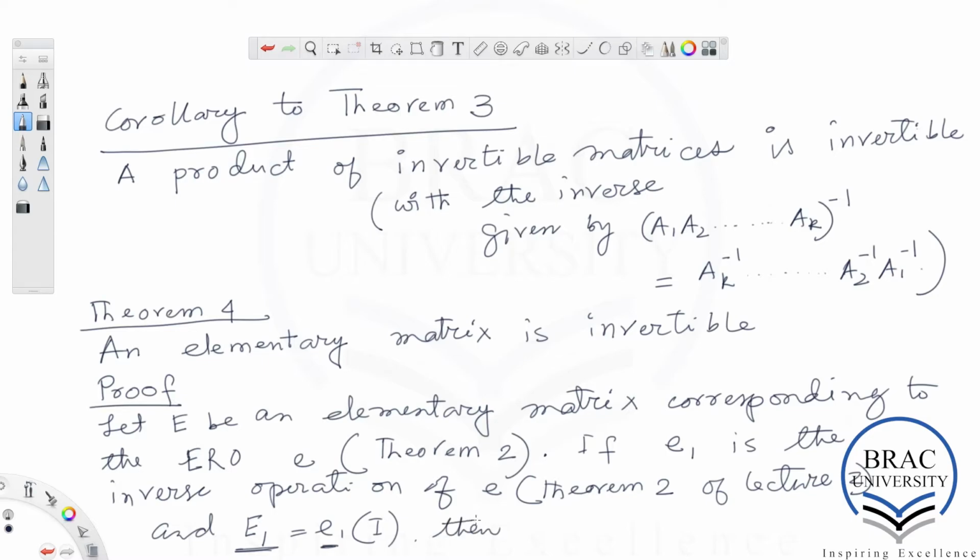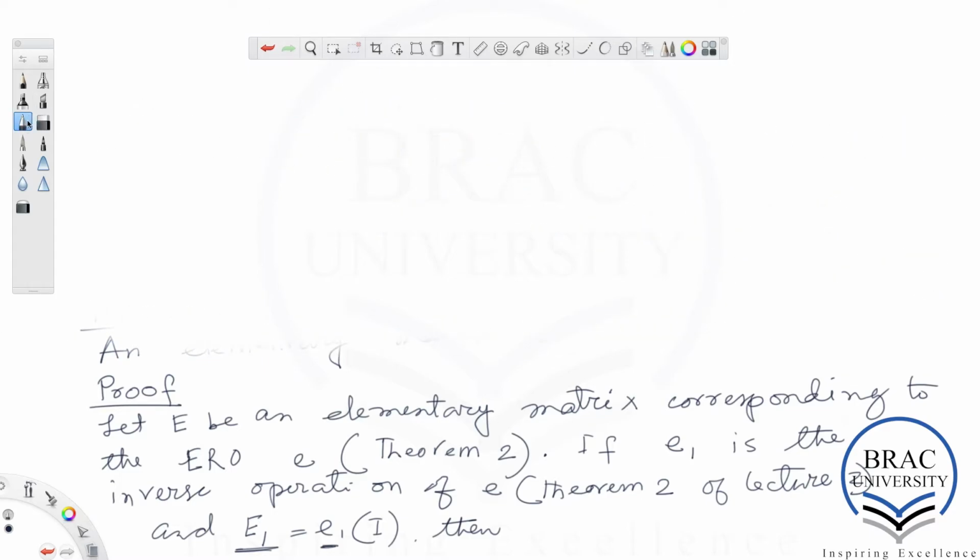Then one immediately finds that E times E sub 1 is nothing but equal to E of E sub 1. This is by theorem 2, right? In theorem 2, take that matrix A to be E sub 1, and then you reach here.